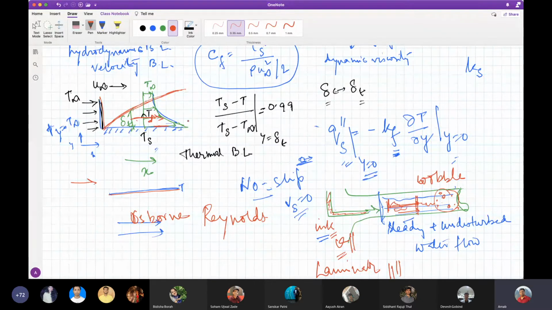So laminar flow, there is velocity gradient. A simple example: the laminar flow in a pipe. In the laminar flow in a pipe, there is a velocity profile.